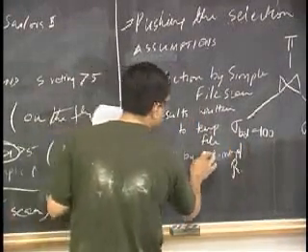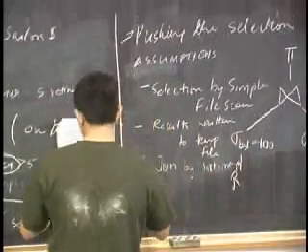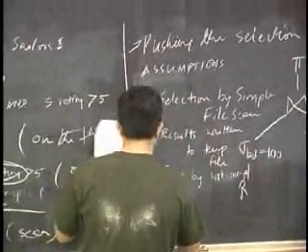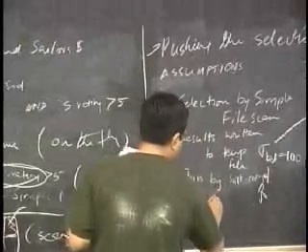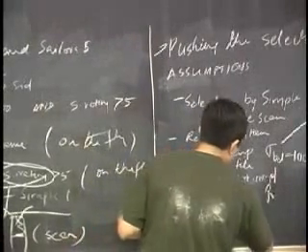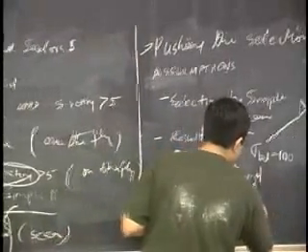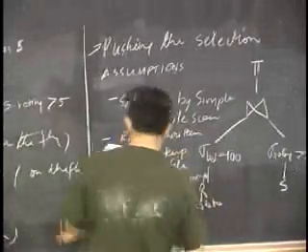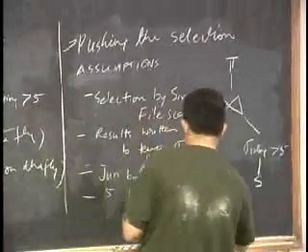Join by sort merge algorithm, and we are using 5 buffer pages to estimate the cost.